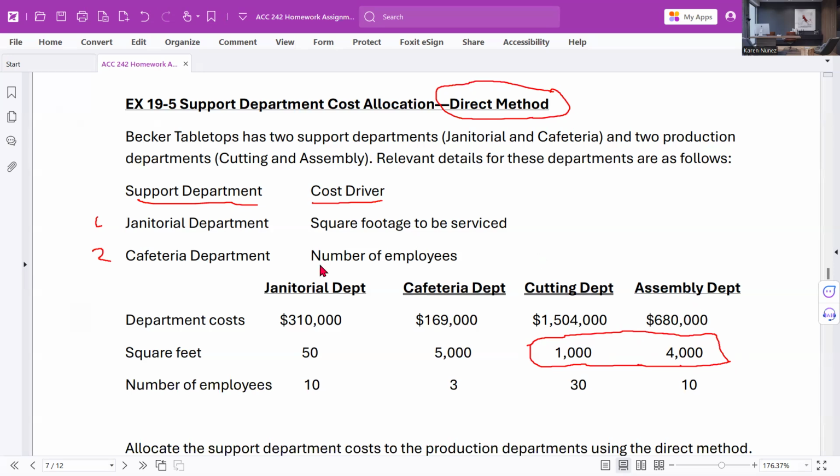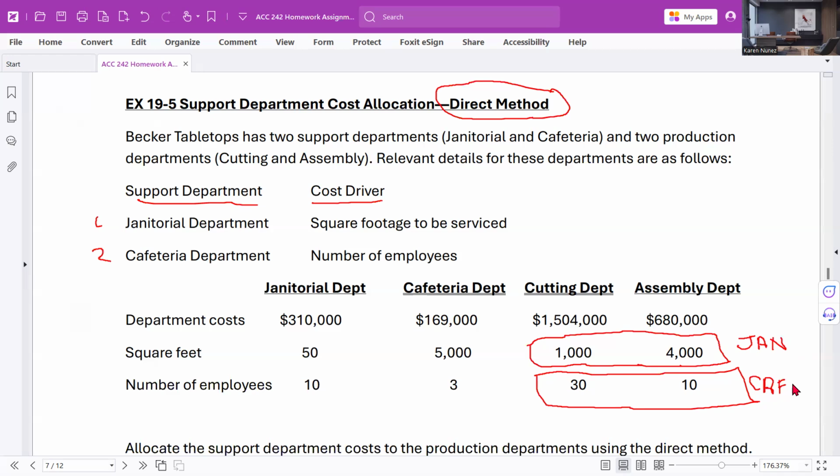We're going to use the number of employees to allocate the cafeteria department costs to these two departments. So again, here we're going to use square footage for the janitorial department. That's how we're going to allocate those costs. And here we're going to use the number of employees to allocate those cafeteria department costs.